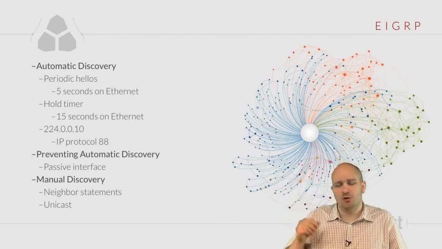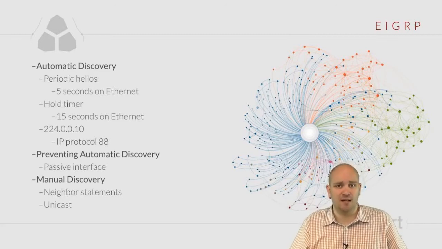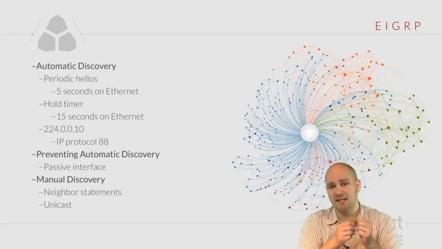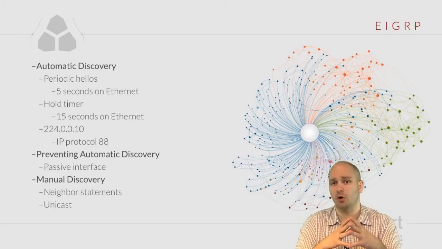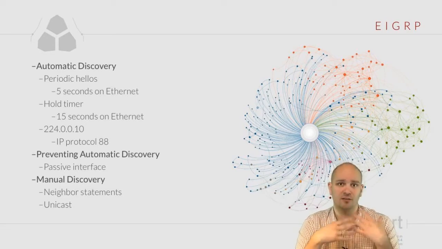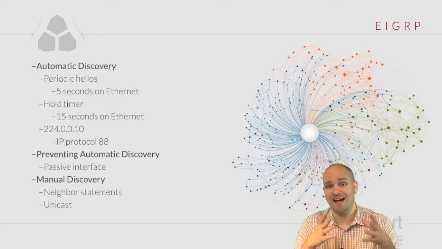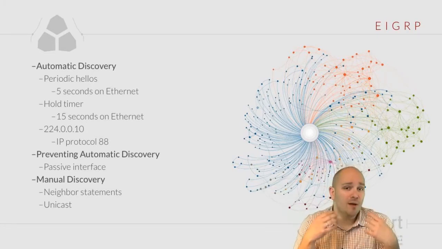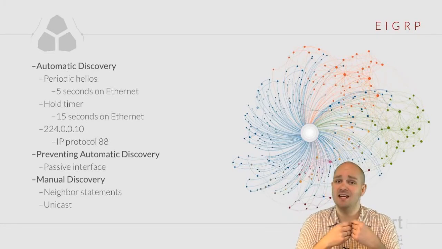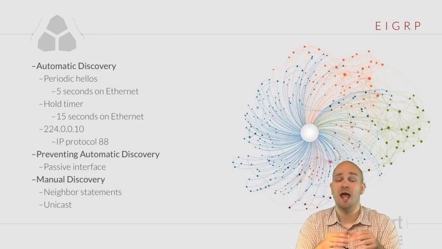Now you can see here on the slide that there is a third item mentioned that I did not talk about yet, which is preventing automatic discovery. In some cases, we do want the protocol, in our case EIGRP, to be enabled on the interface so that that particular interface address or the network associated with that particular interface can be advertised into this protocol as an internal route. But we may not want to form any neighbors should there be other routers speaking the same protocol as we are on that network.